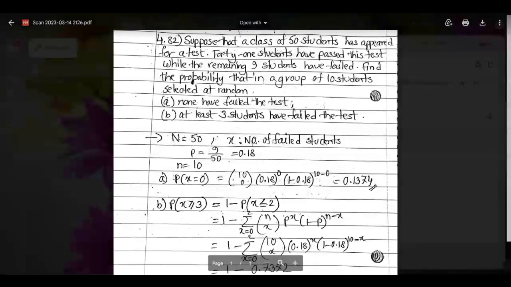And we have to find the probability for a group of 10 students. So here we're going to use the binomial random variable formula where n equals 10.